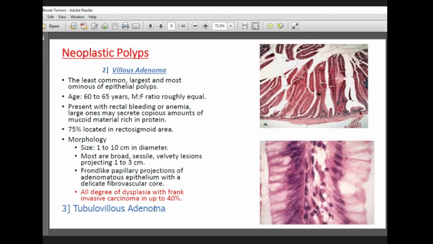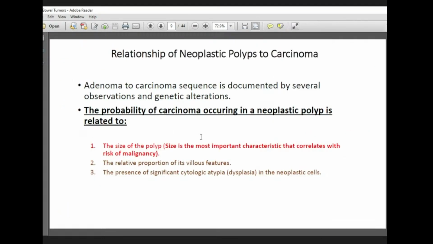Then we have tubulovillous adenoma. It has features of a combination of both. Now it is very important, as a pathologist or as a treating surgeon, that you must know whether the polyp you are seeing is benign or malignant. The adenoma to carcinoma sequence is a documented sequence, and it is one of the prototype examples of multi-step carcinogenesis.